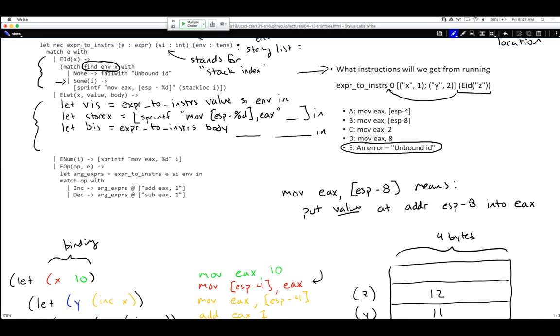And then after we fill in these blanks with things that make sense for us, we can just put these things together, because each one of these let expressions is going to be a set of instructions that calculate the answer for value, then store it, then the instructions for body. So at the end of this, what we need is the value instructions followed by the instruction that stores the value in the right place for x, followed by the body instructions. That's going to be the final list of instructions that we need to generate in order to get this whole let compiled.